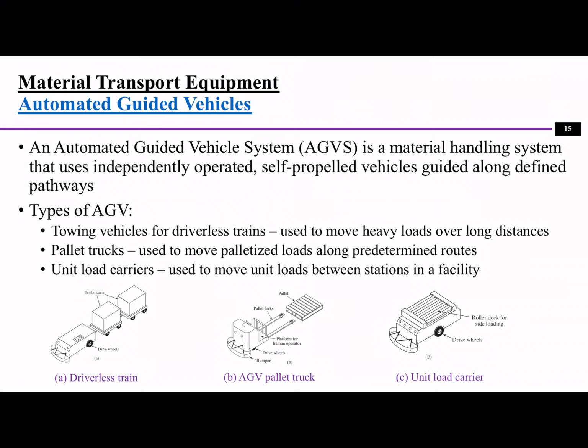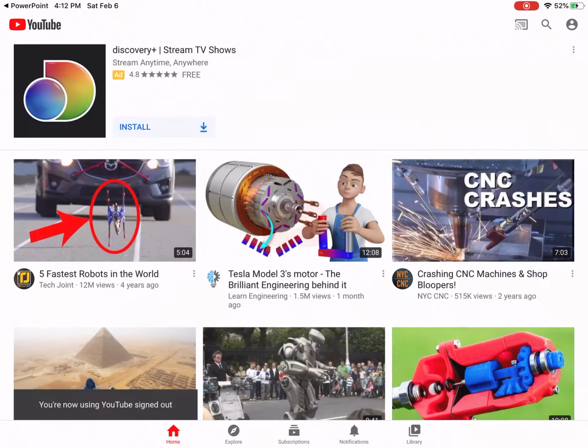There are multiple different ways to calculate the routes and to sense the directions, but at the beginning they were just used to transfer material from one place to another, and later have been used in our daily lives. So AGVs can be a driverless train, like this, or a pallet truck, or a unit load carrier. There is a video with a lot of good demonstrations of how AGVs are actually used in production. We can watch this.